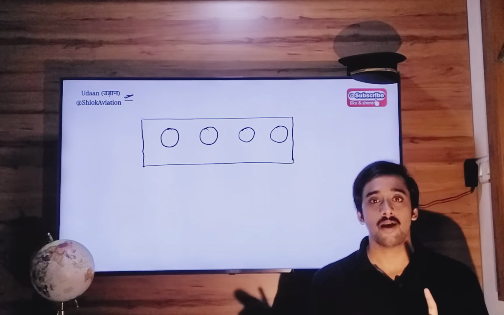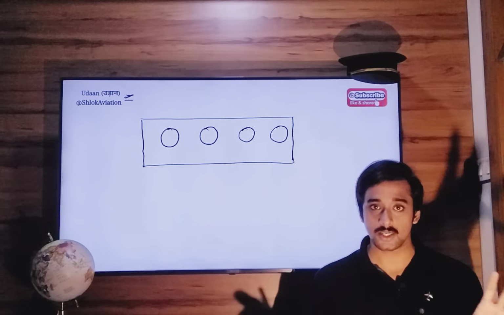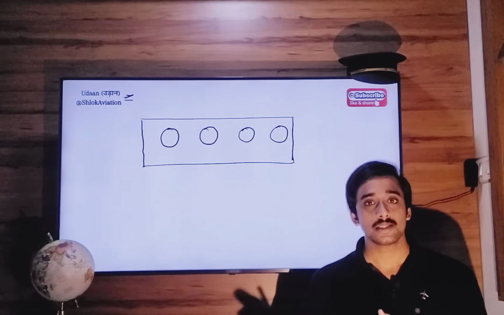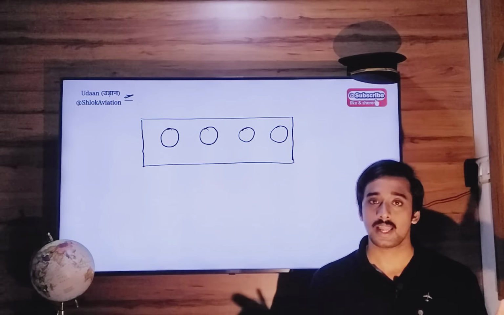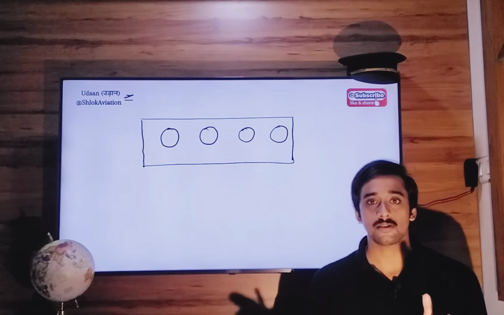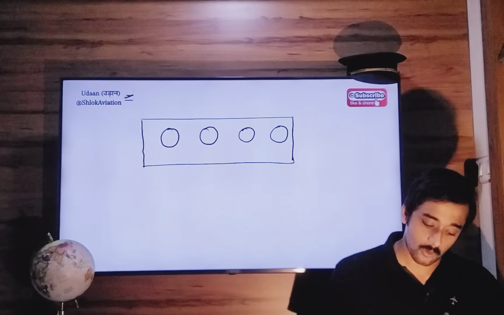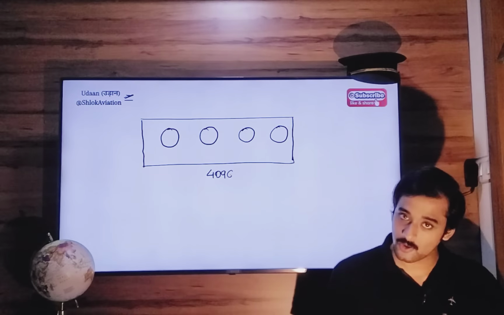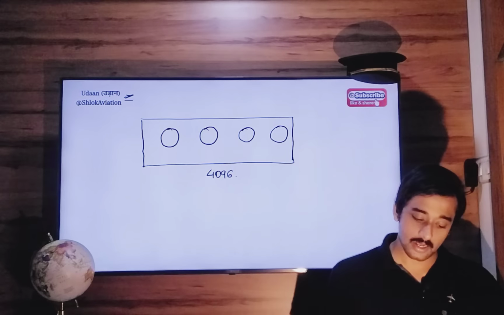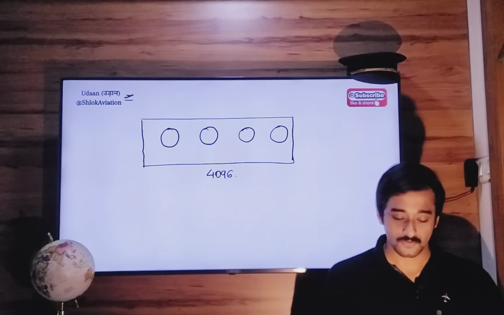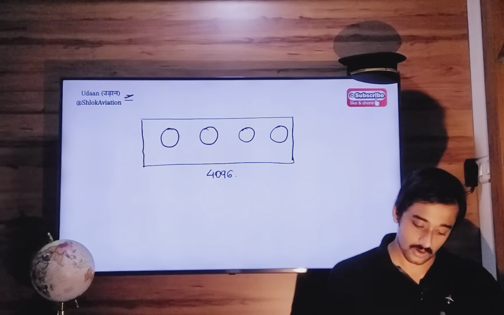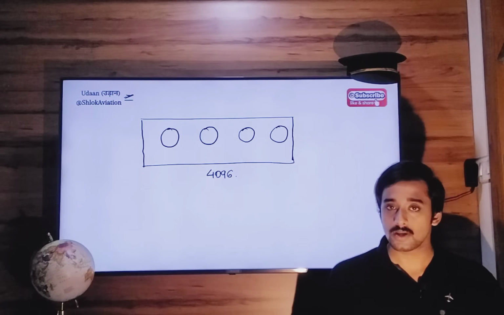This will be valid from the point of your departure to the point of your landing. Once you land, this transponder code will lapse or become invalid. So this is the transponder code. There are 4096 possible codes, and you will be given a 4-digit code. So that code you must select.